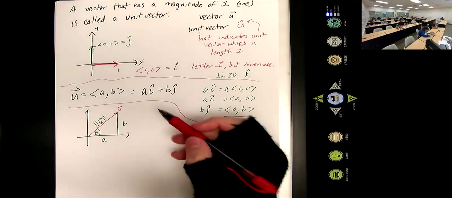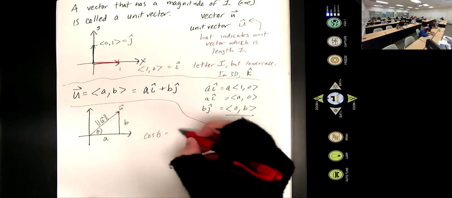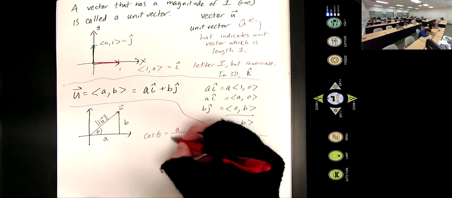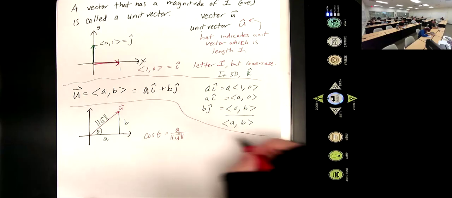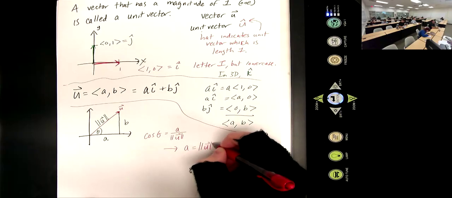So using SOHCAHTOA, cosine theta is a over the magnitude of u, which means a equals the magnitude of u cosine theta.